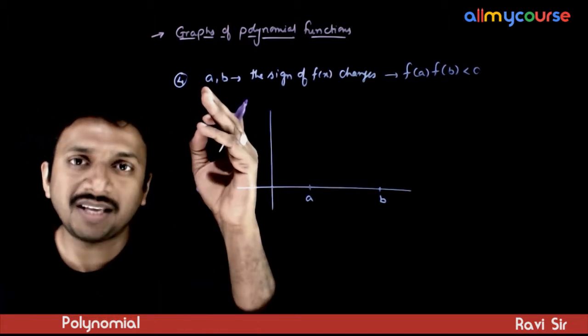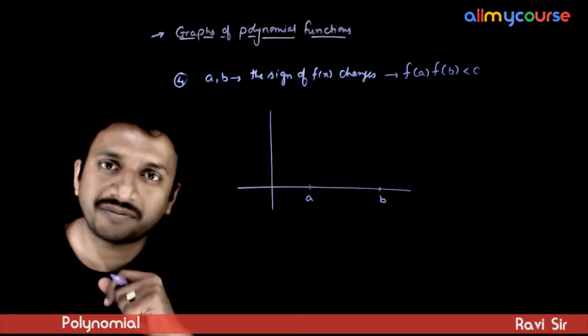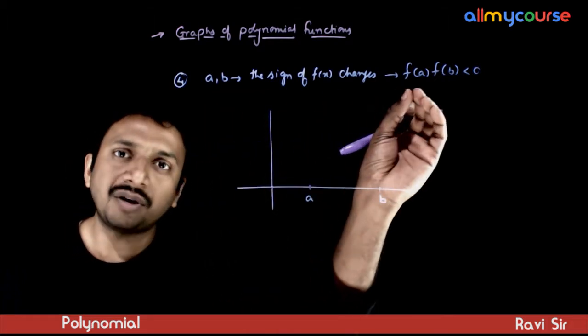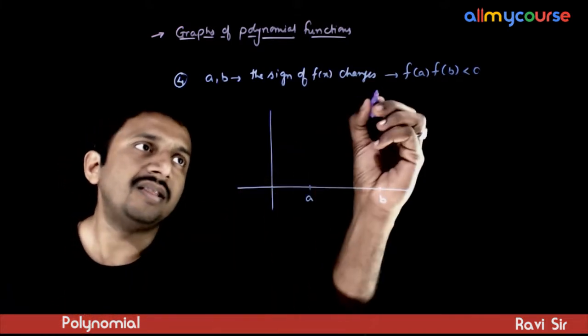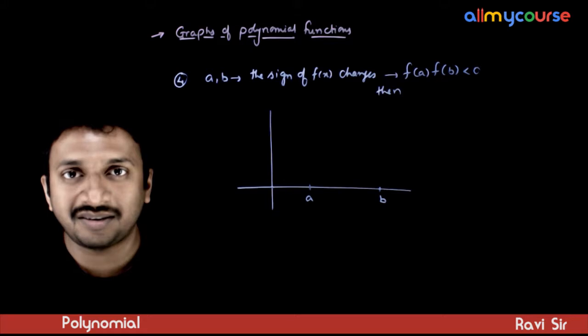That means if f of A is positive, f of B is negative, or negative positive. So if at A and B, the values of f of A and f of B change sign, then how should the graph look like?